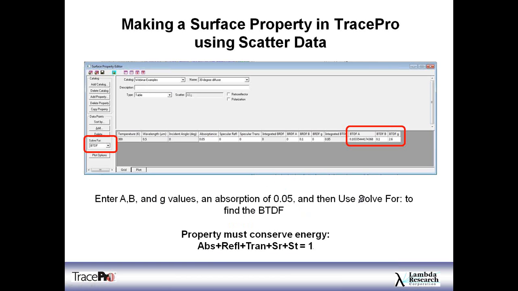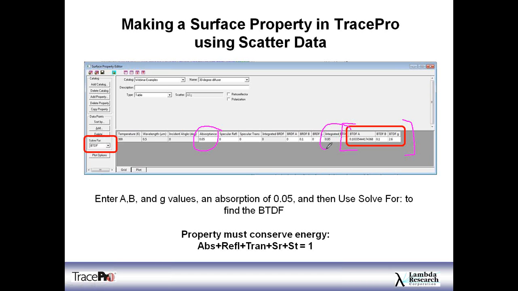Again, I open up my surface property editor. In this case, I gave it a new name, 30-degree diffuser. I set absorption again to about 5%. But this time we're working with BTDF, so this is a transmitted scatter. We enter in the values, 0.1, 0.1, 0.26, and we do a solve for BTDF.